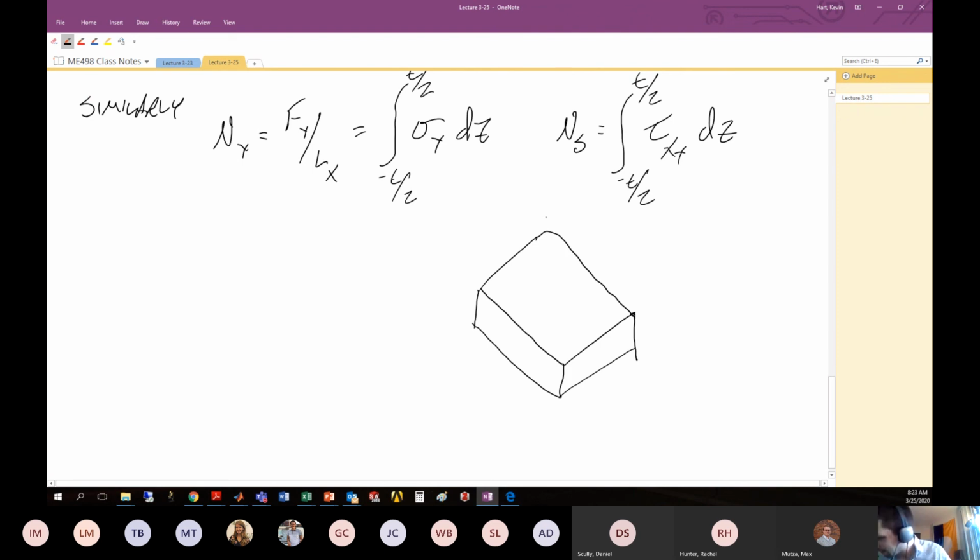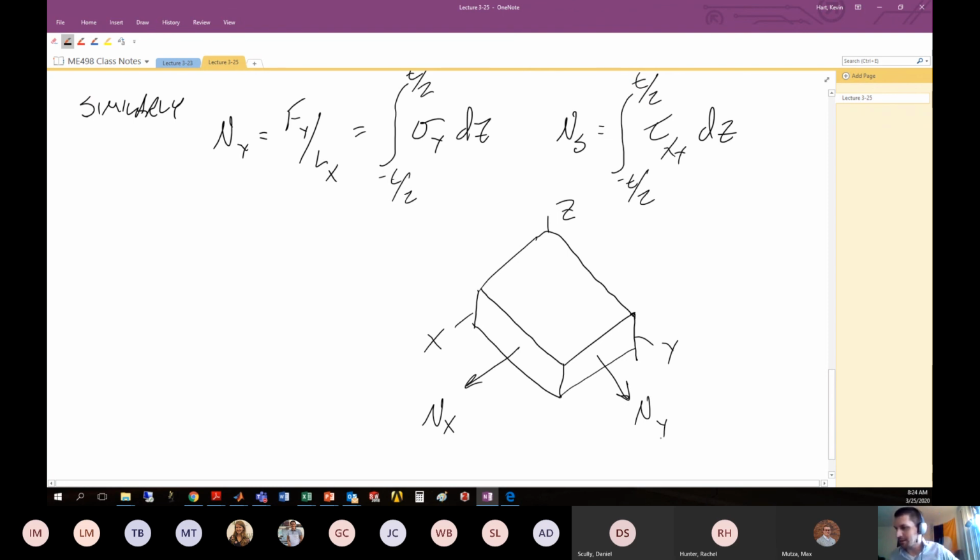Here's our very crude picture of our laminate, X, Y, Z, and let's draw each one of these things. The force per unit length in X here is Nx, and the force per unit length in Y is Ny, typically represented like this.